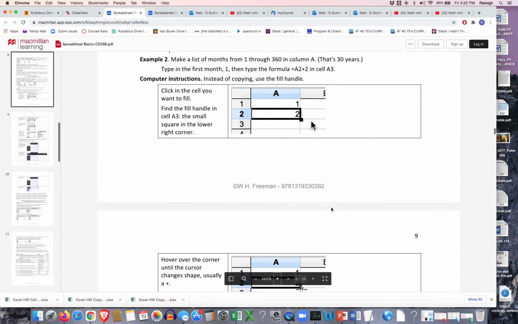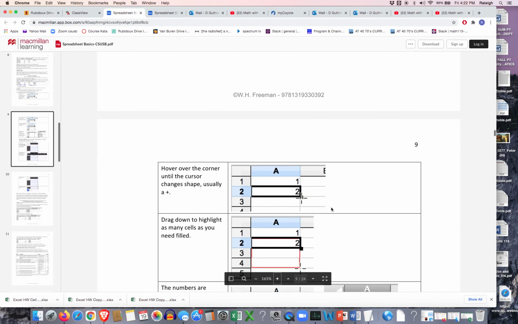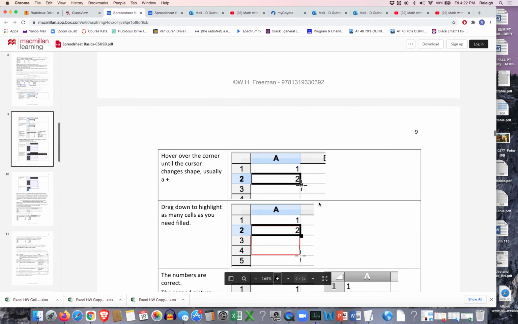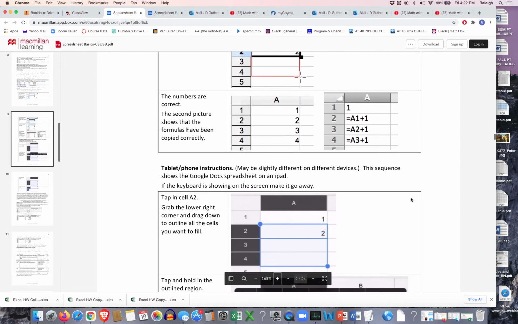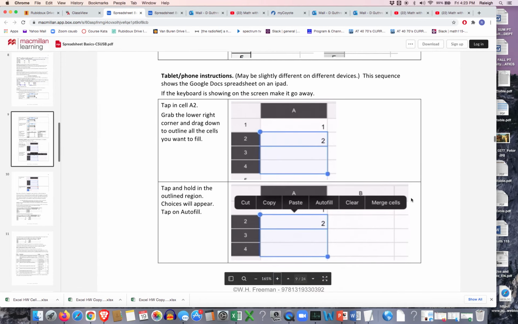They say hover over the corner until it changes shape, and then you'll see the little X change colors, and then you can drag it down. And yes, they made a mistake. So it's really equals A1 plus 1. And this will then change the cell numbers, add 1 every time, all the way to 360 if you want to see a full mortgage table. So much fun to look at. The best part is at the end when you start to pay it off.